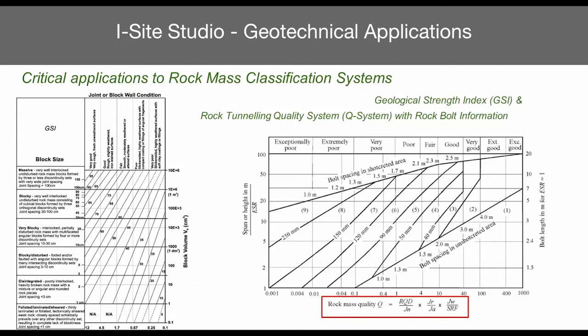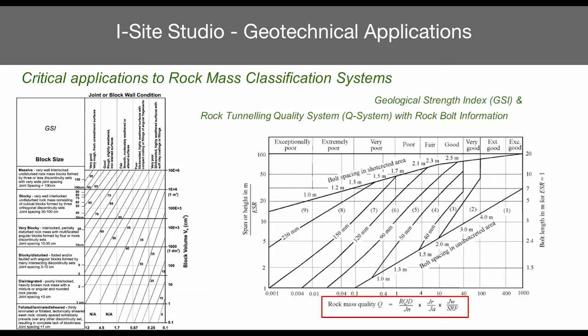The other option that we'll look at is the block volume. So key block volume, working out the tons of an actual block. We'll then move on to applications related to the Q system, the rock tunneling quality system. If you look at the bottom of your screen, you'll see Q equals RQD over JN.